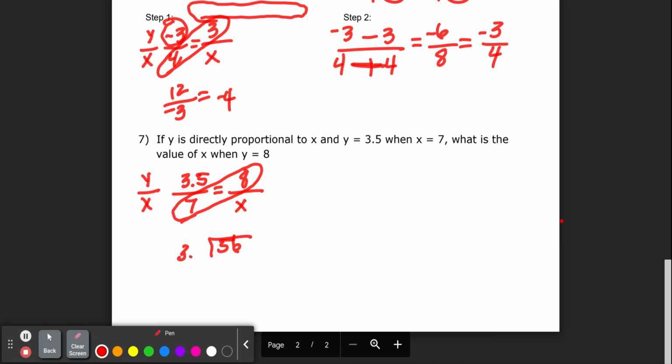So I'm going to do this by hand because I don't have a calculator with me. So we move the decimal over there. We're going to move the decimal over there. And let's see. 35 and 56. What in the world am I thinking? So 35 goes in there one time.